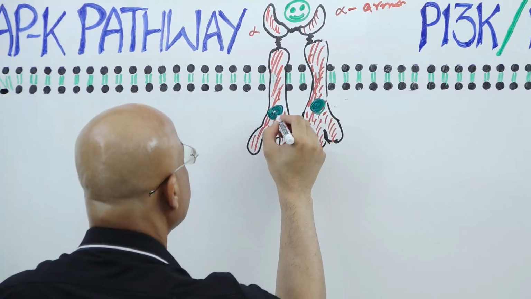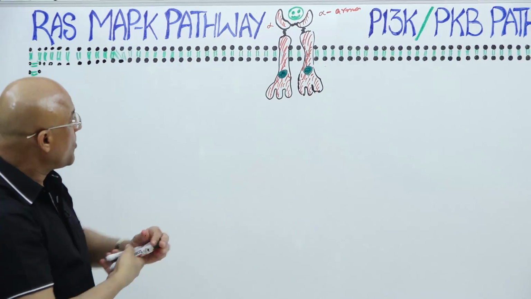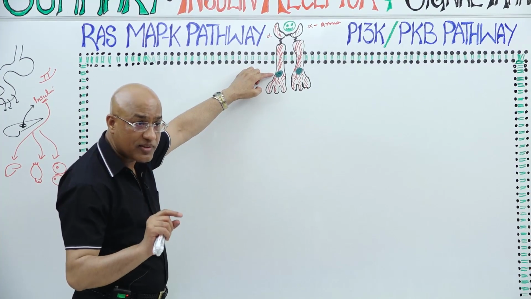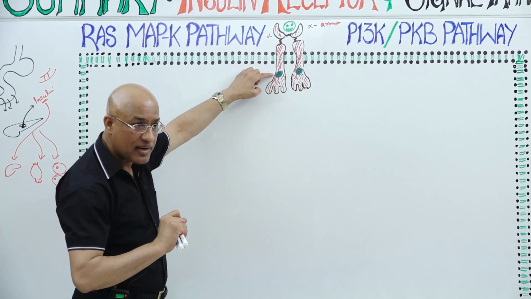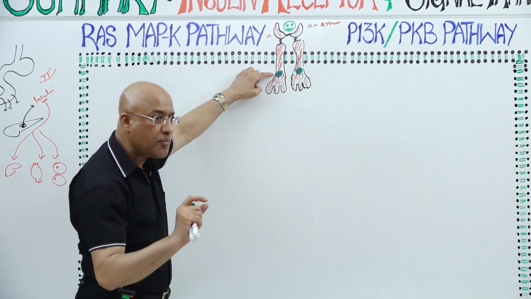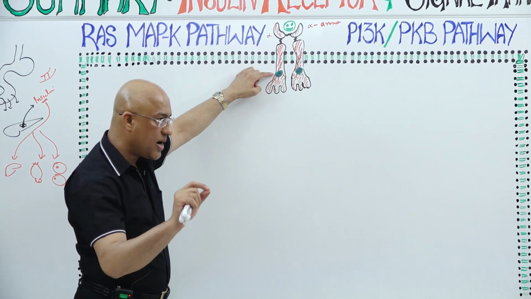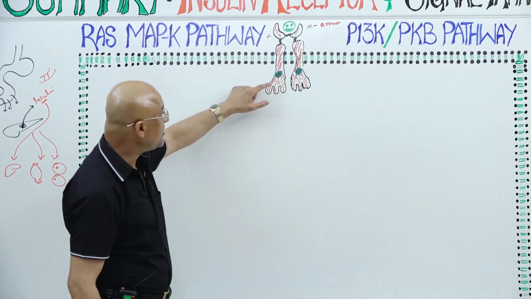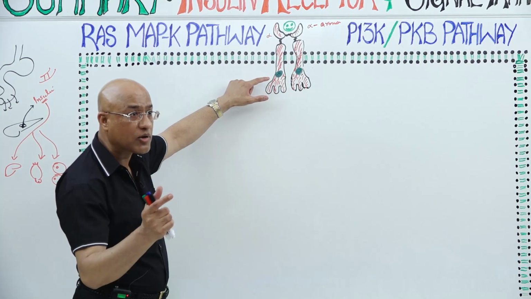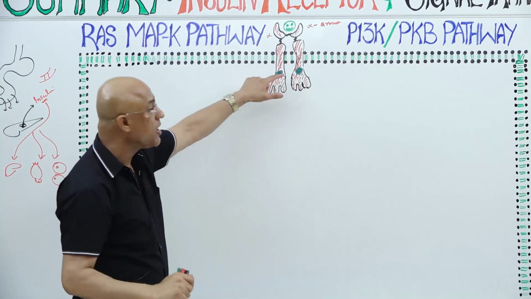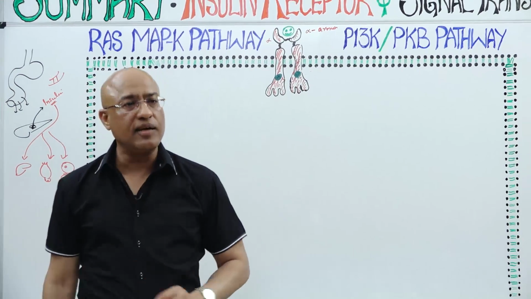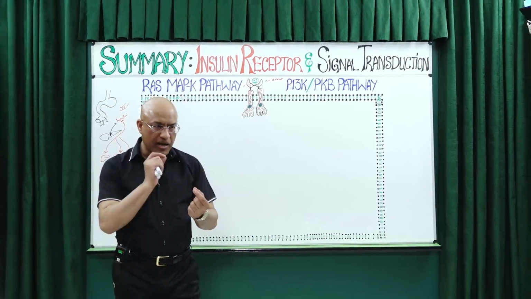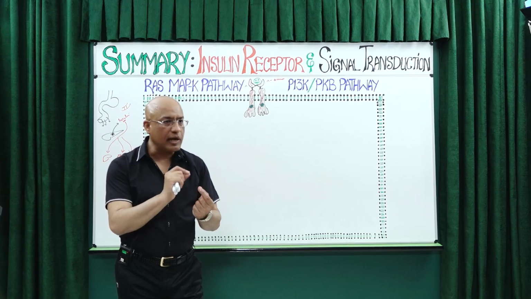Now, what I mean by these enzymes, let me explain it. Within this beta peptide, there is an intrinsic enzyme, and this enzyme is able to bind phosphates on tyrosine residues. This enzyme, which is an integral part of the beta subunits, has a special function: it can bind phosphates with tyrosine amino acids.